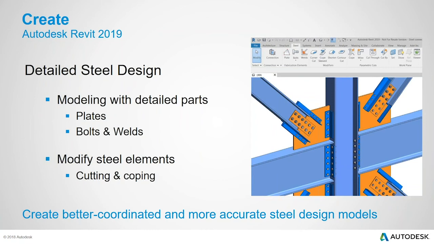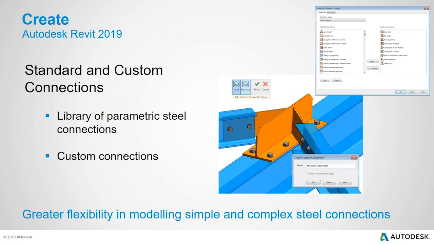Steel components like plates, bolts, anchors, steel studs, and welds can be placed in the 3D model to connect structural members together. Columns and custom conditions have access to comprehensive libraries, 125 parameter connections, which help speed up modeling steel connections with a higher level of detail in the Revit environment.